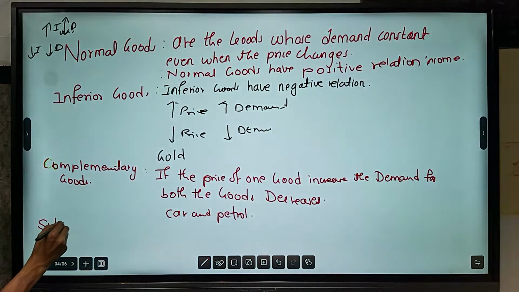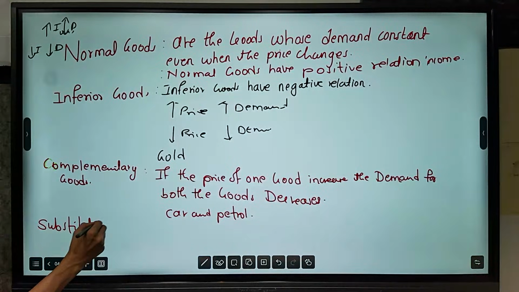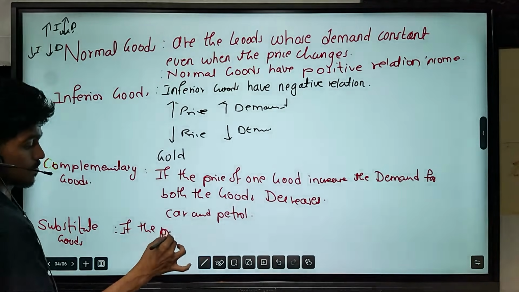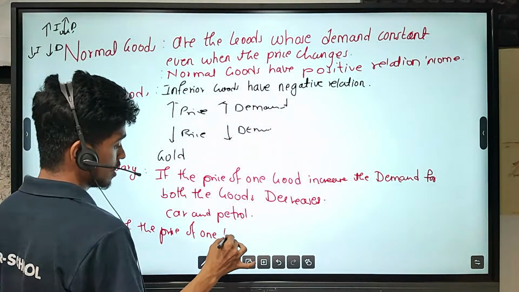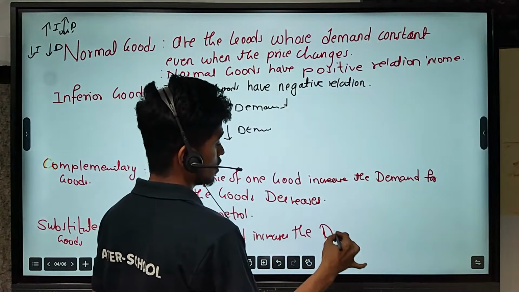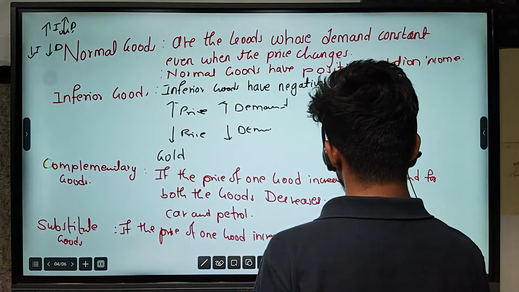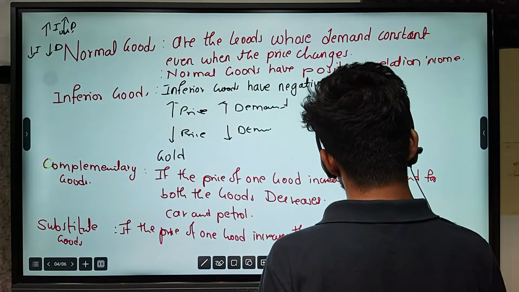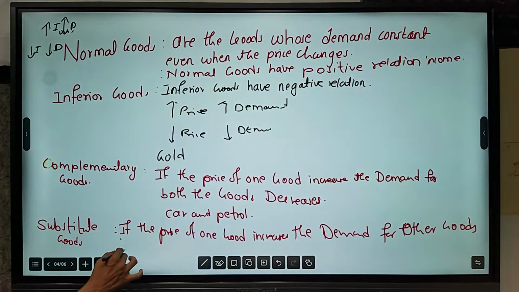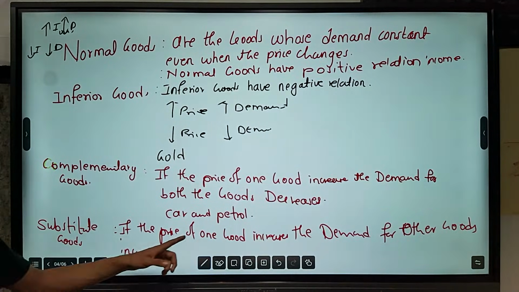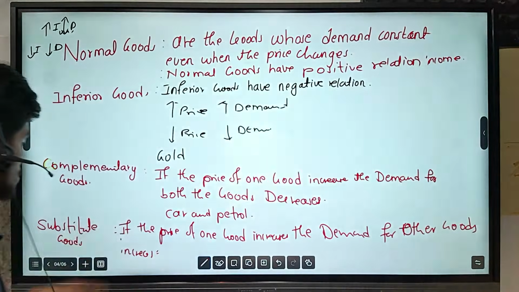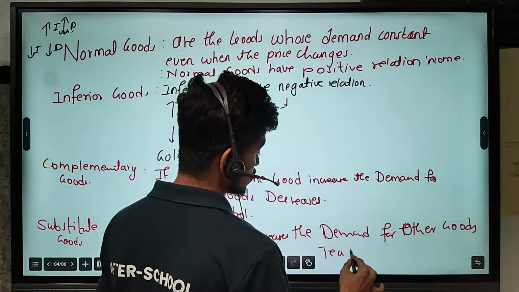Now, substitute goods. What are substitute goods? If the price of one good increases, the demand for the other good increases. For example, tea and coffee: substitute goods mean we can use them in place of each other.